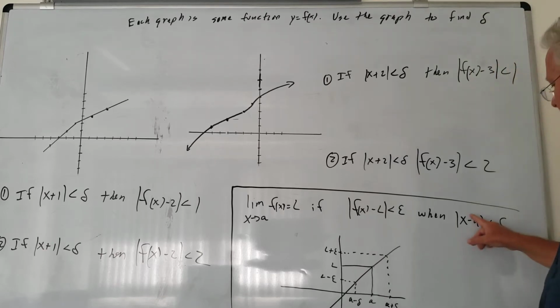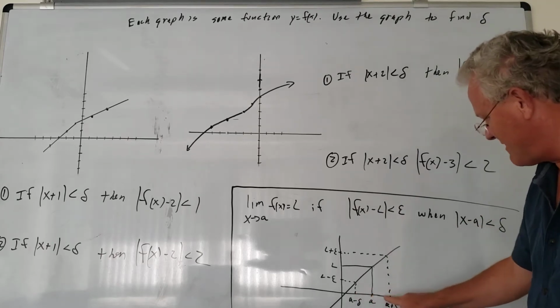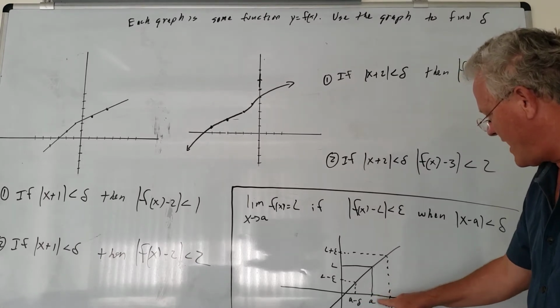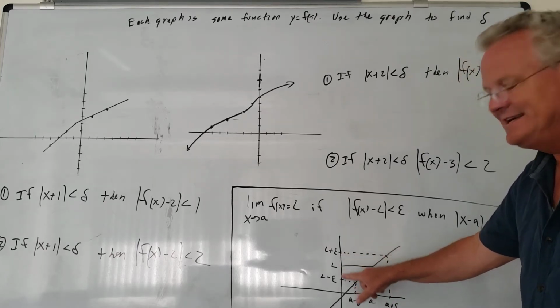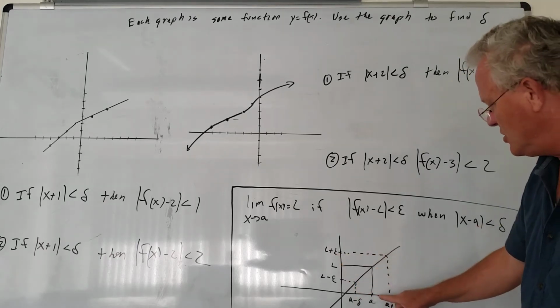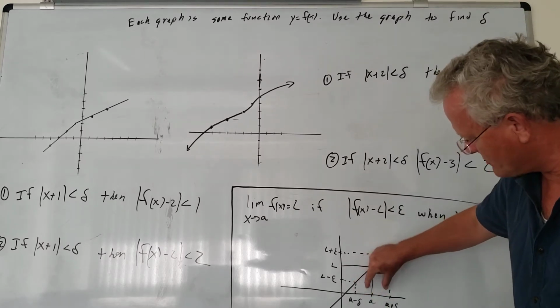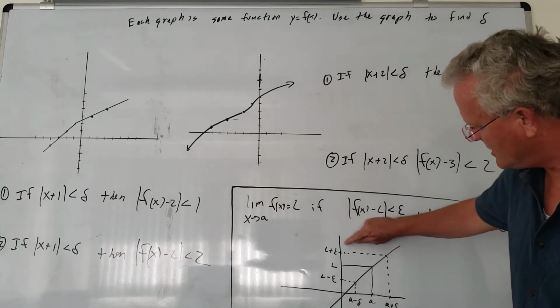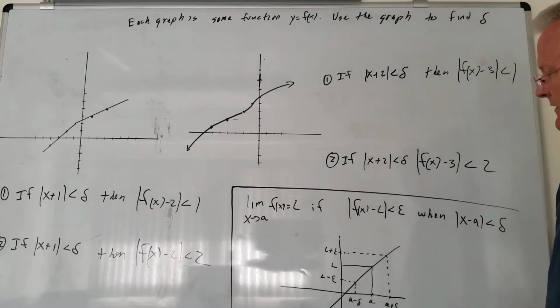And when the absolute value of x minus a is less than delta, so this distance is delta. When I'm in here, if I go up and over, I'm going to land in that epsilon neighborhood. Notice if I'm outside of this distance, more than delta, if I'm over here and I go up and over, I am not inside that epsilon neighborhood anymore, all right?